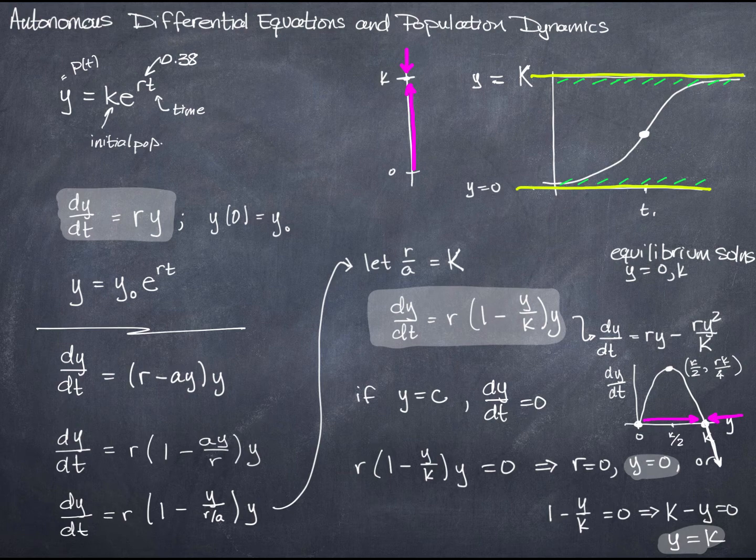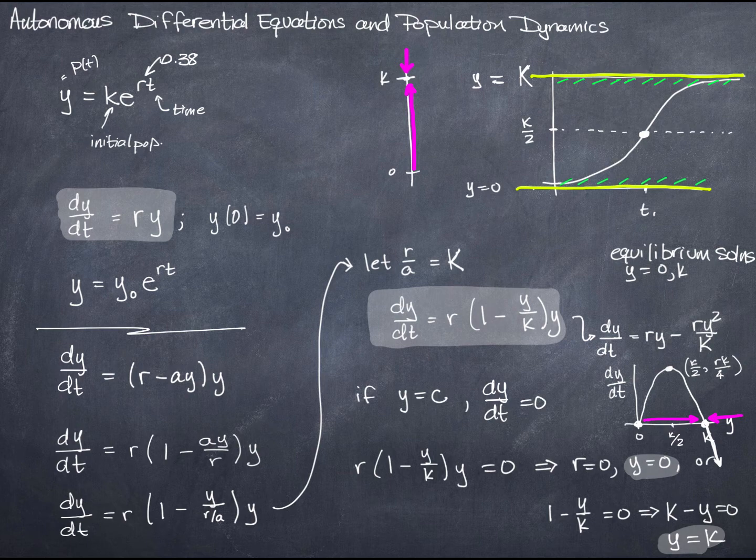Now what I want to look at is values of y between 0 and k. Let's put k over 2 on the map here. This is k over 2. And I think I'm going to put a little dotted line in here just to help guide my hand when I do the next step.